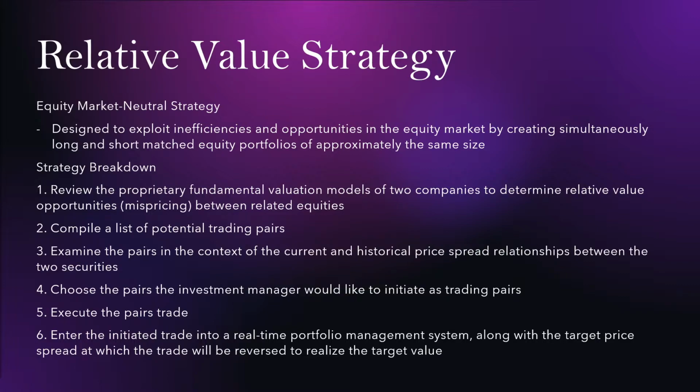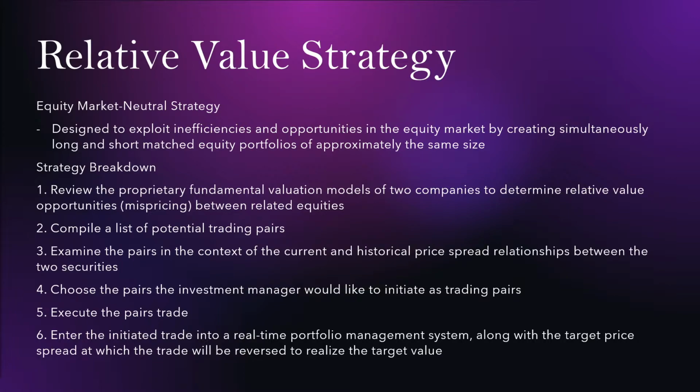So the strategy is broken down into 6 different steps. First off, you will review both of the companies to determine if there is mispricing between them, and you'll compile a list of potential trading pairs. Next, you will examine the pairs in the context of the current and historical price spread relationship between the two, because that's where you're going to be getting that arbitrage, is the price spread between the two securities.